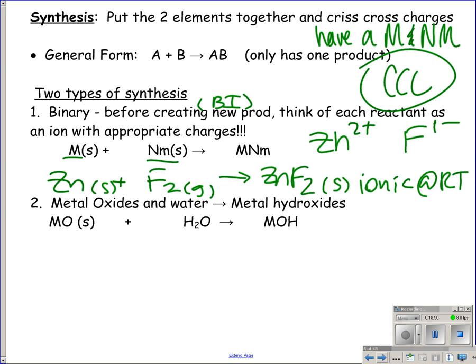You just got to know how to find your charges in the PTOE. Second one is where you have a metal oxide. So give me a metal, Jacob. Oh, gold. Okay, I'll try it. Let's say gold normally has a 3+ charge. I think that's right. So gold oxide. Give me the formula for gold oxide, if gold has a 3+ charge.